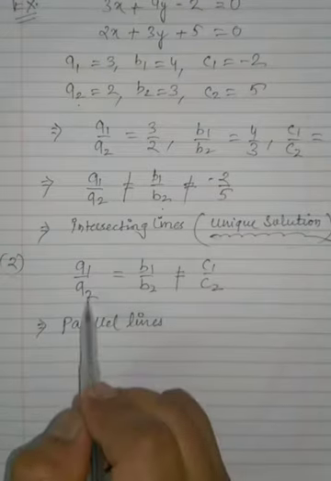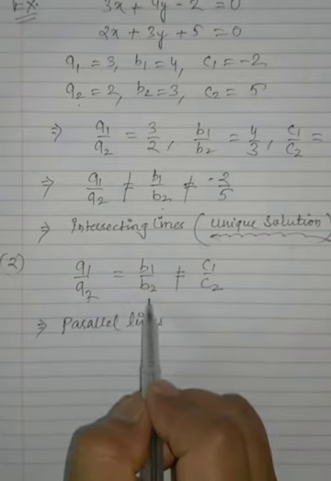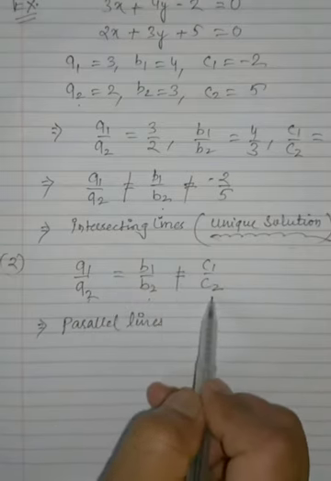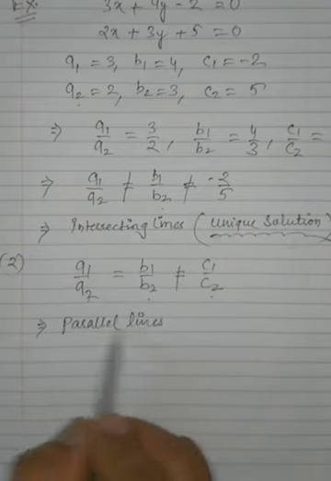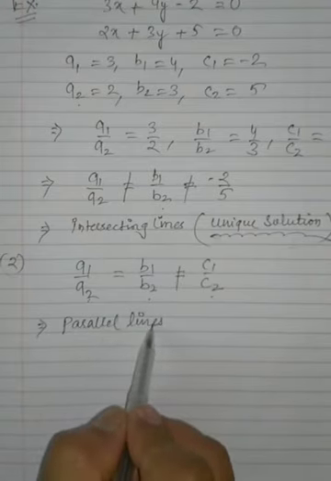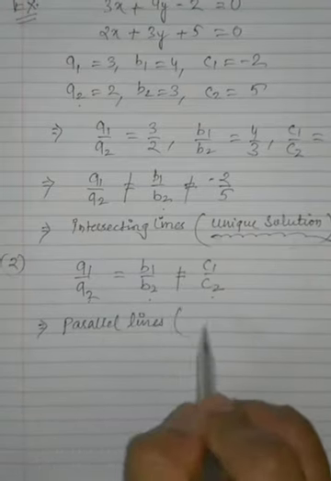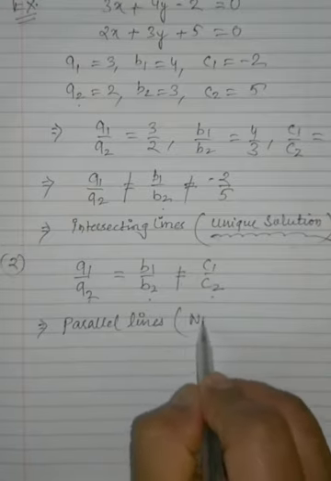So if a1 upon a2 is equal to b1 upon b2 but not equal to c1 upon c2, in that case the two lines will remain parallel, and being parallel there will be no solution.